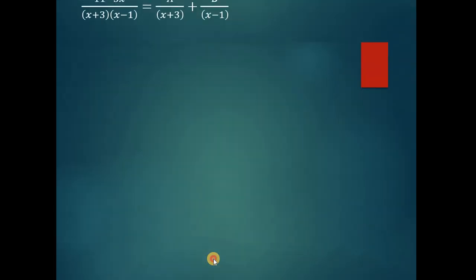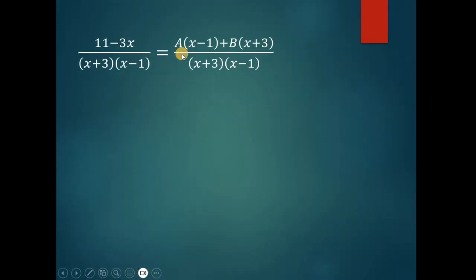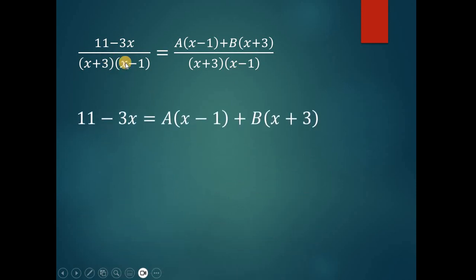When we add the partial fractions, we are going to have A into x minus 1 plus B into x plus 3 over x plus 3 into x minus 1. When we look at our denominator, they are equal, so we can equate our numerators. We are going to have 11 minus 3x is equal to A into x minus 1 plus B into x plus 3. We want to find the values of A and B, so we are going to let our x be equal to 1.